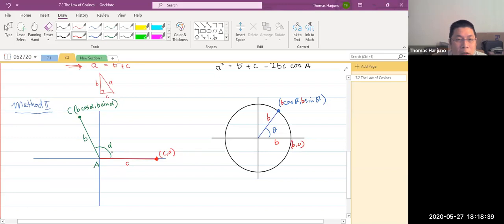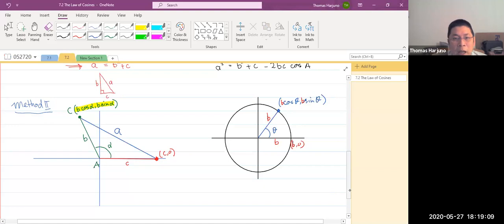If you have angle alpha in standard position, and the distance from the origin is b, then that coordinate C must be given by these components. Now, side a that we have been looking for is actually the distance formula applied to these two coordinates. Okay, let's call this side a.